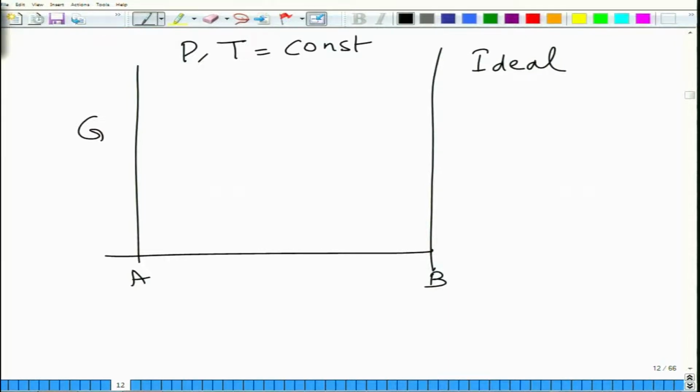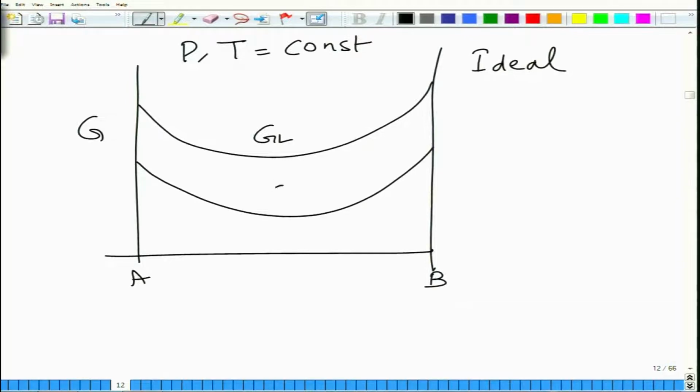Whenever I do not mention pressure, it means pressure is constant. So, you will have, for example, liquid phase GL. Similarly, you can have GS, which is the solid phase, if it is an ideal system.